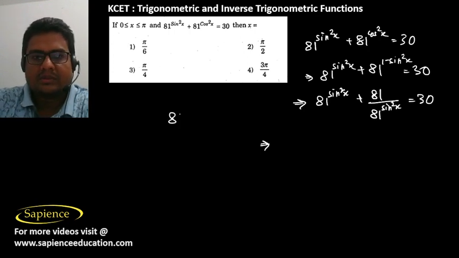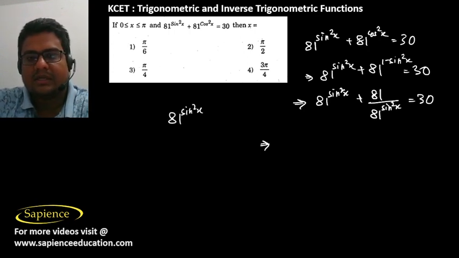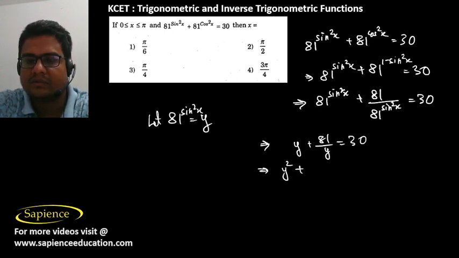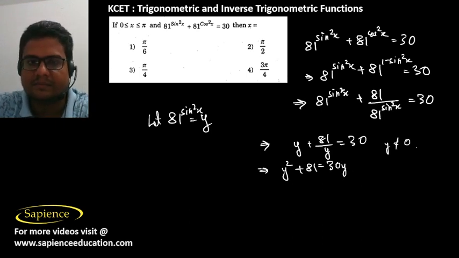So let's suppose this 81 power sin square x we take as y. So then we can say y plus 81 by y is equal to 30. So then if we take the LCM, y square plus 81 is equal to 30y, and y is not equal to 0 obviously.